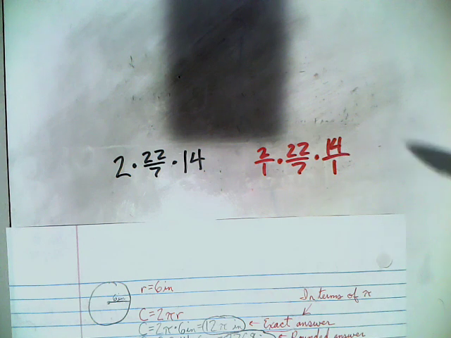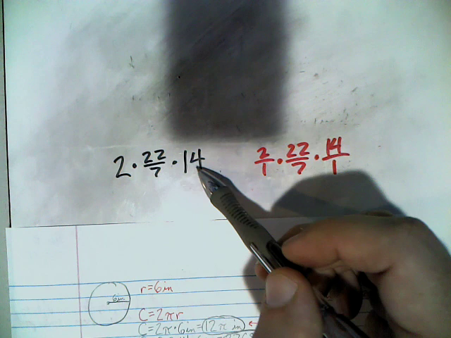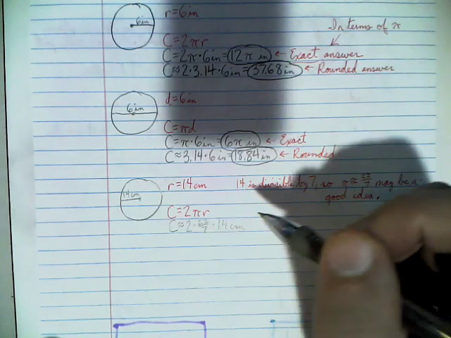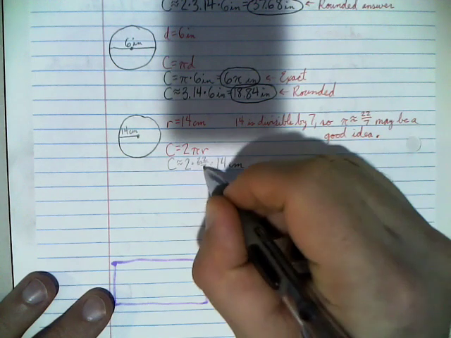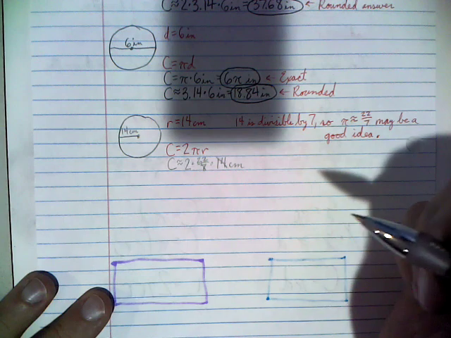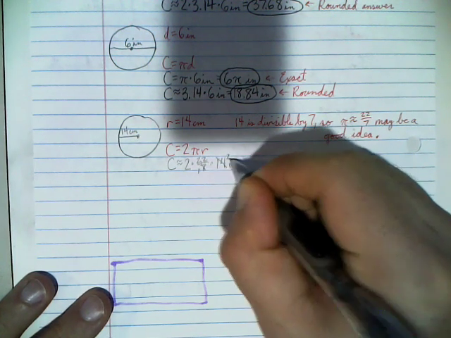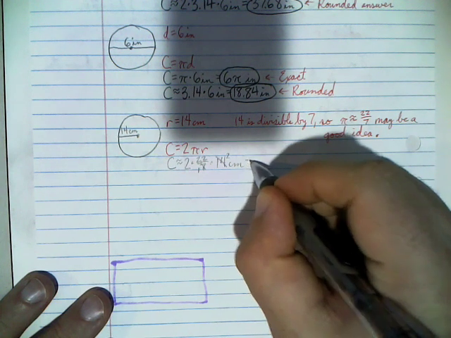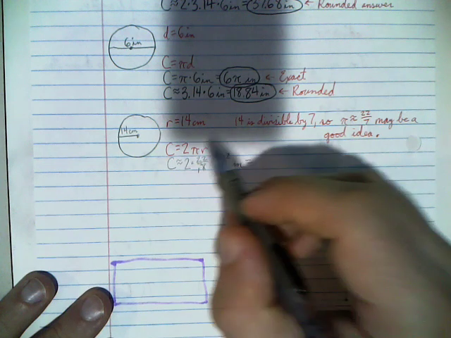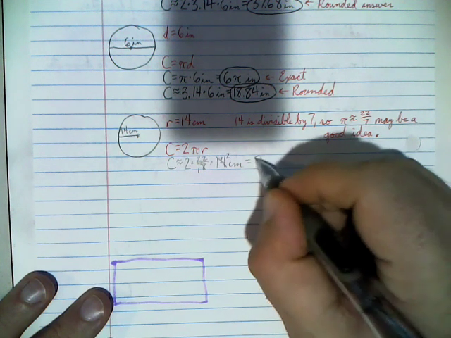It's just a numerator over 1. So that means that denominators can reduce with whole numbers. So down here, what I'm going to do is I'm going to reduce this 7 denominator with this whole number 14. So 7 goes into itself once, 7 goes into that 14 2 times, and so now I've got 22 over 1, so this is really just 22. So 2 times 22 times 2 again is 88.